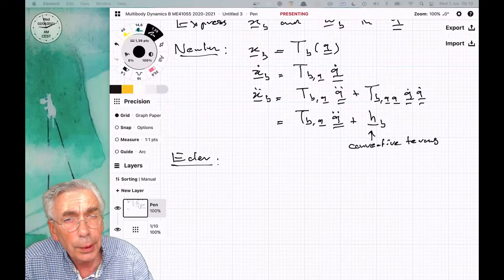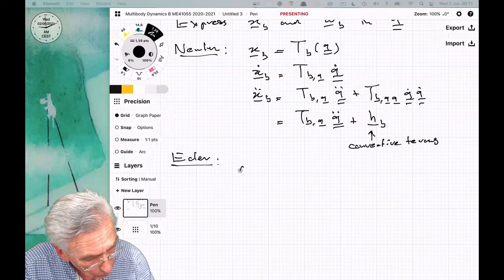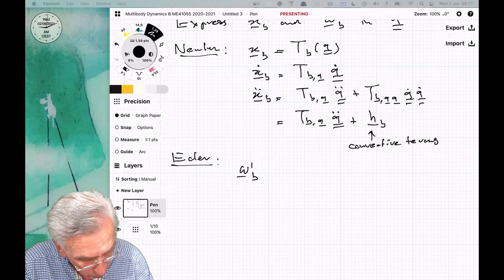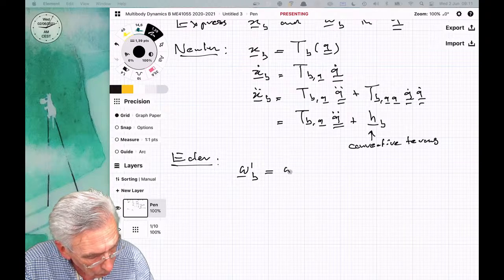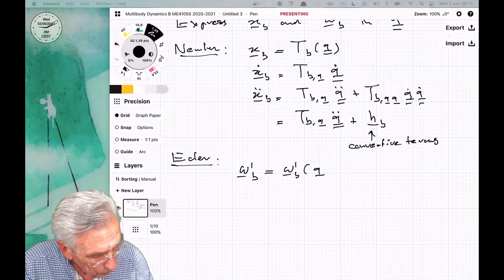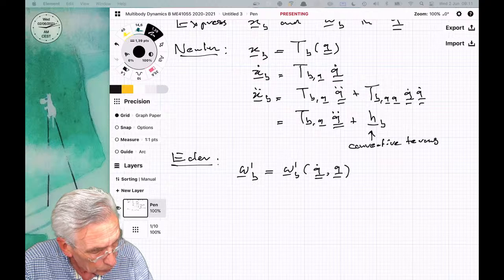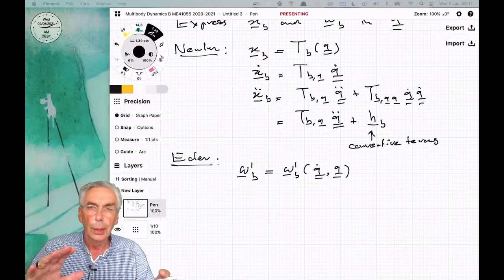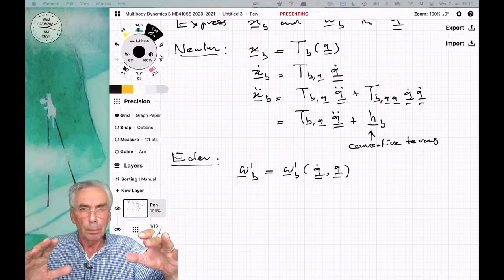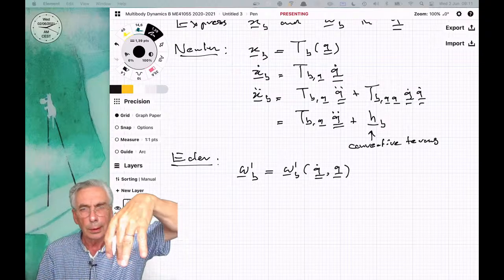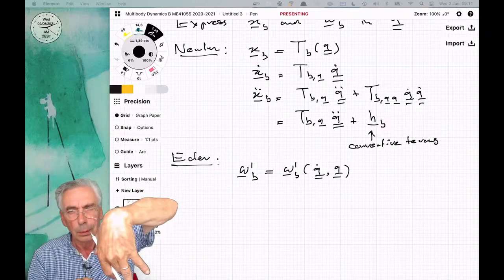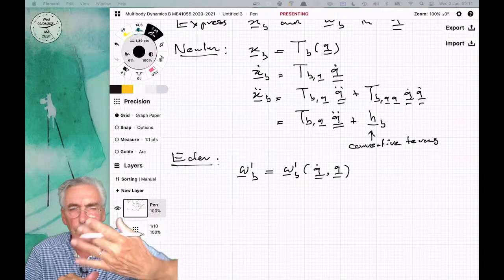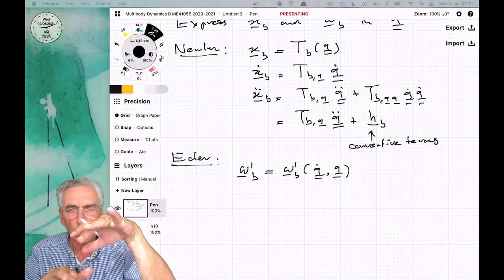So I have to express my angular speed of each body in terms of my generalized speeds. But it's probably also a function of the generalized coordinates, because how the bodies are oriented determines what the body fixed angular speeds are.